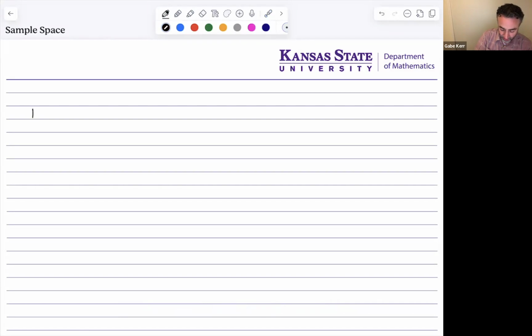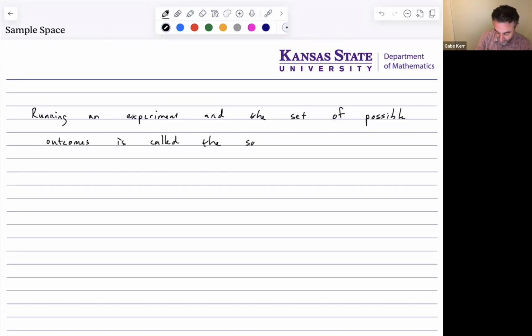So we're running an experiment, and the set of all possible outcomes ahead of time, thinking forward, is called the sample space. It's denoted by the letter capital S. It looks a little bit like a 5, so let me rewrite it here.